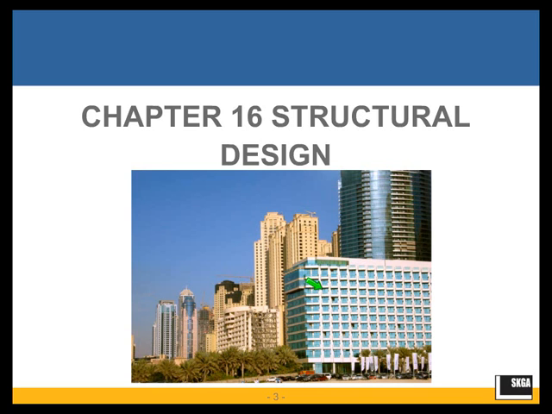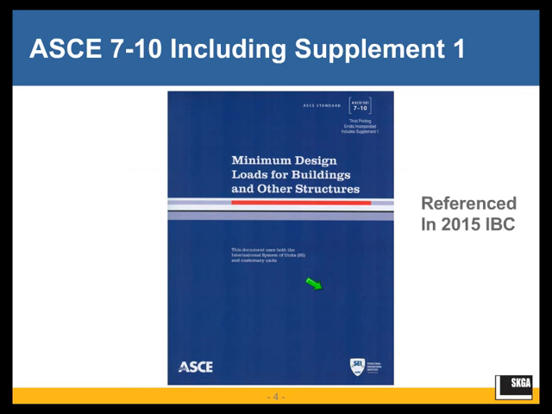Then 17, inspection and testing, 18, foundations and soils, and then comes the materials chapters, 19 for concrete, 20 for aluminum, 21 for masonry, 22 for steel, 23 for wood. So we will discuss changes in all these structural chapters, starting obviously with chapter 16.